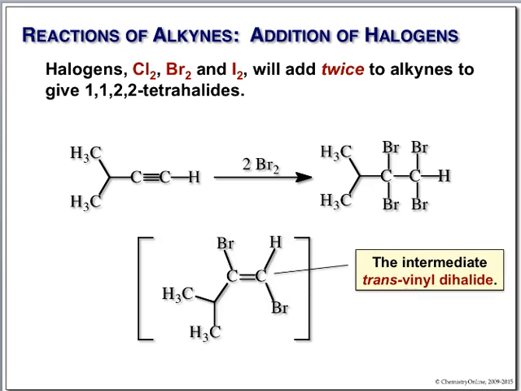In this case, we would form this vinyl halide, trans vinyl halide, by the same mechanism that we always use. Once we have the vinyl halide, this adds a second mole of bromine. Again, they come in trans, but you can't tell. You just wind up with a tetrahalide. Again, it's referred to as a 1,1,2,2 tetrahalide. So both of these are very, very similar to what we saw with alkenes.